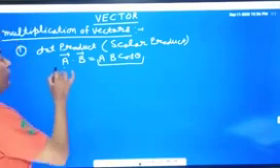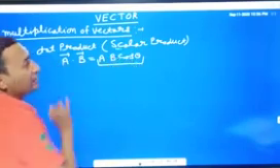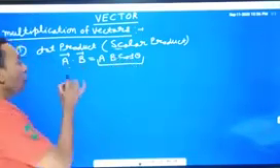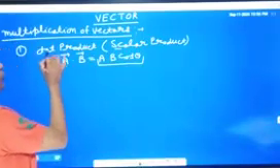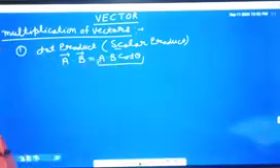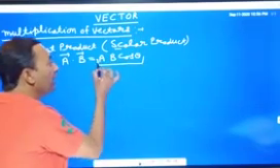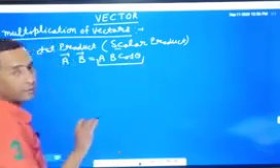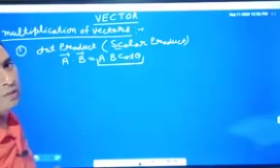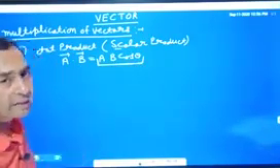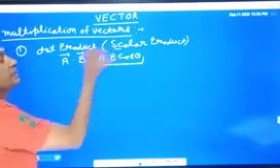Okay. Why do we say this scalar product? The reason is when we take dot product or scalar product of two vectors, then we get a scalar quantity. This a b cos theta is a number. It is a scalar quantity. It does not have any direction. So this is called scalar product.